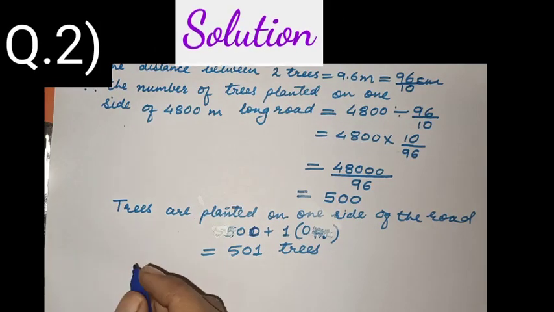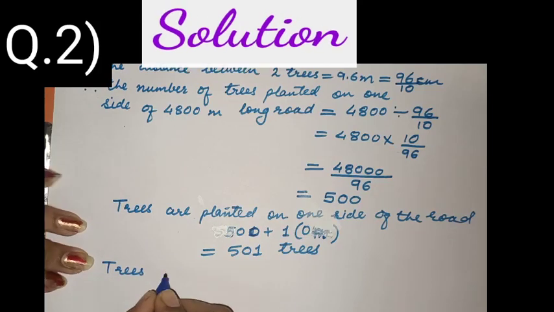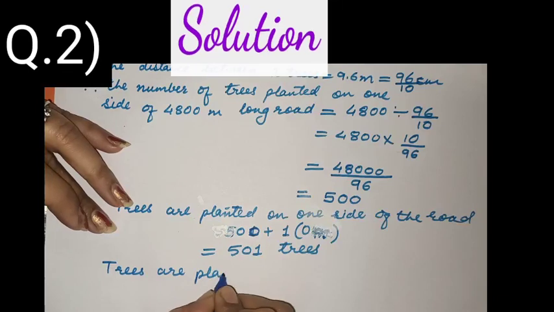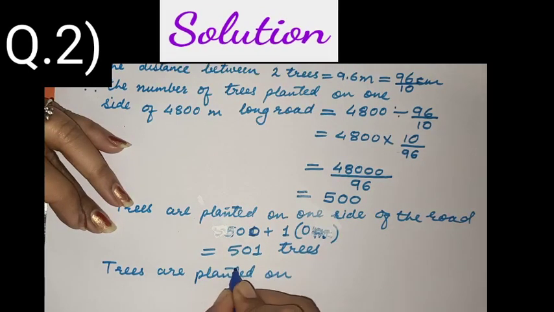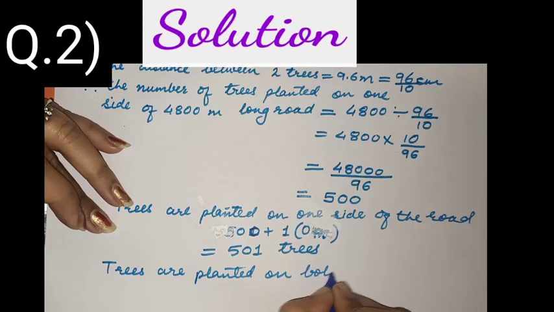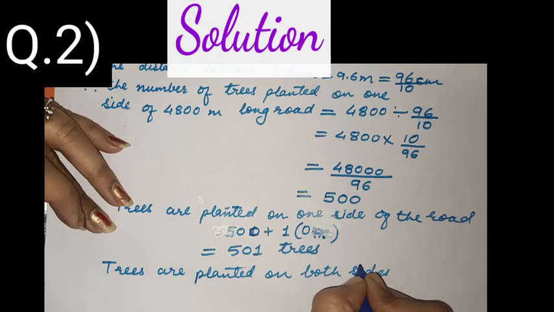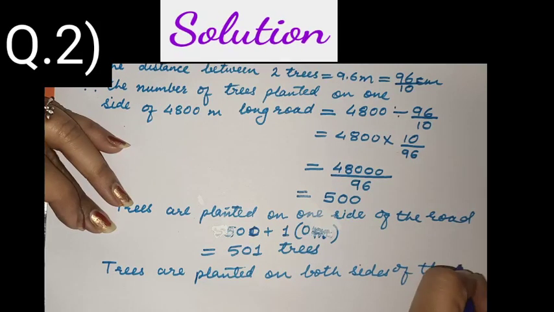Then we'll get the total number of trees. So let us write: trees are planted on both sides of the road.